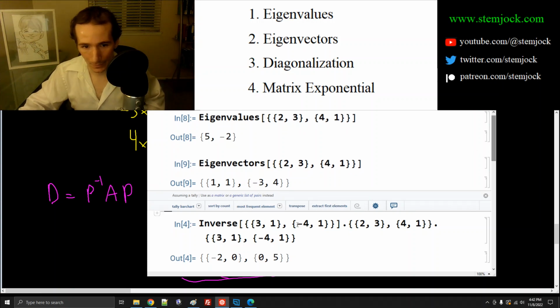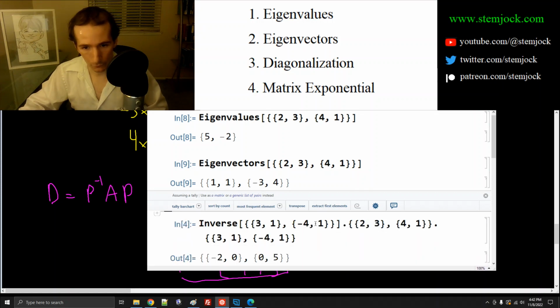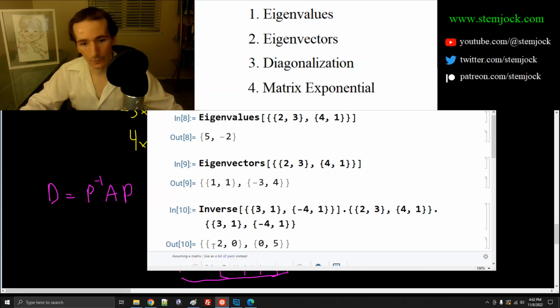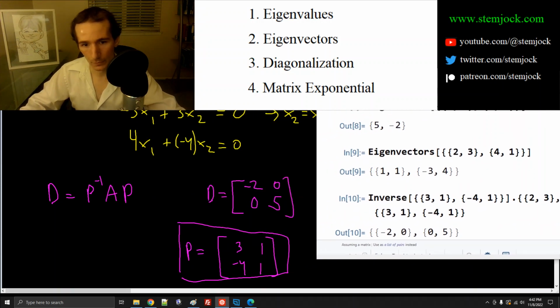So here I calculate the inverse of 3, 1, negative 4, 1. I multiply it by A and I multiply it by P, and in doing so, that gives me the matrix D with negative 2 on the top left and 5 on the bottom right.